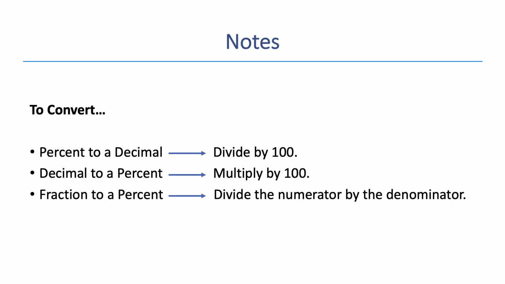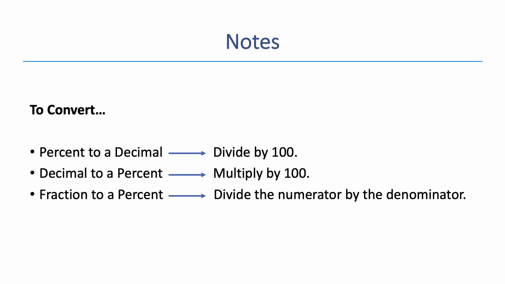Percent. In this video, we'll discuss how to convert percentages to decimals, decimals to percents, and a fraction to a percent. Here are some notes to keep in mind. To convert a percent to a decimal, we divide by 100.